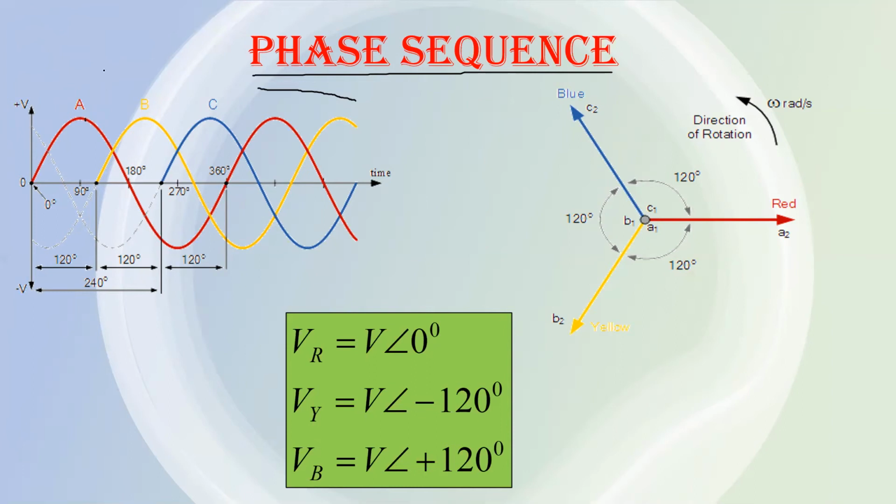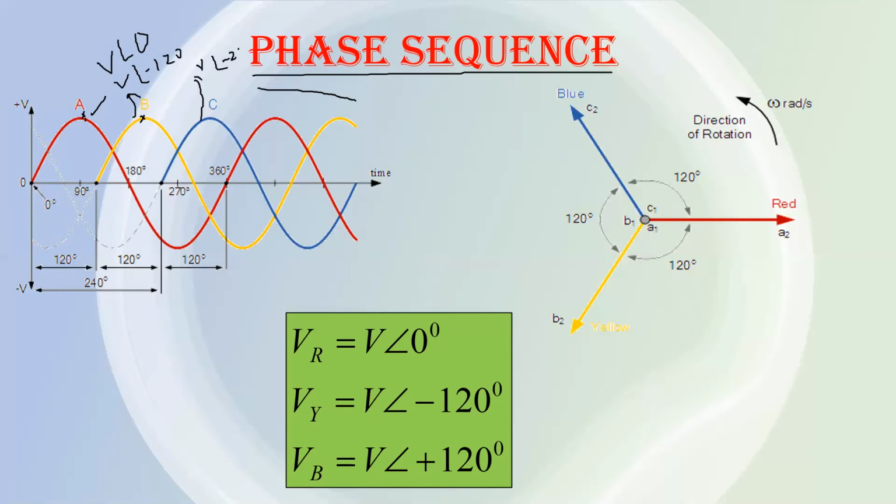This is V angle 0, and obviously voltage B lags voltage A by an angle of 120 degrees, because its maximum appears after 120 degrees from A. So B lags A by 120 degrees, and C lags B by 120 degrees, or you can say C lags A by an angle of 240 degrees.